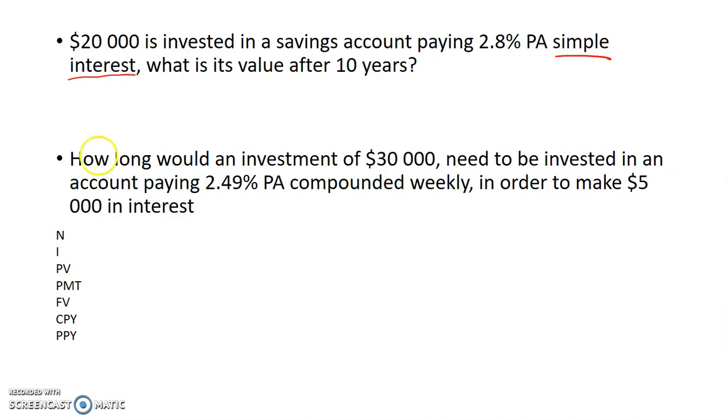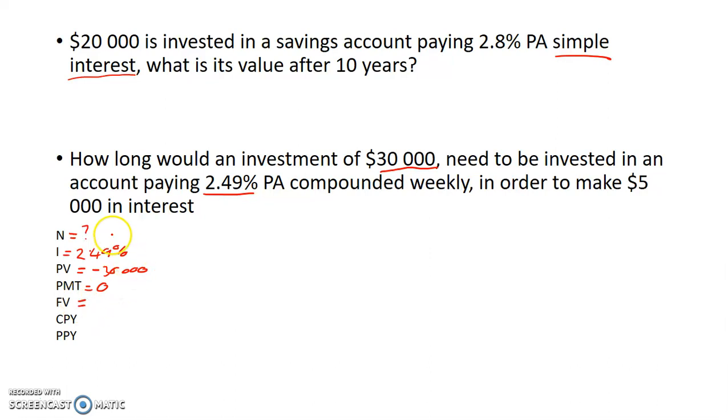Write out the letters, write out what we need to know. So how long would it take? N is what we don't know. Interest rate is 2.49%. Principal value, the investment of 30,000, is what goes in, so that goes away from the person: negative $30,000. PMT, no regular repayments.